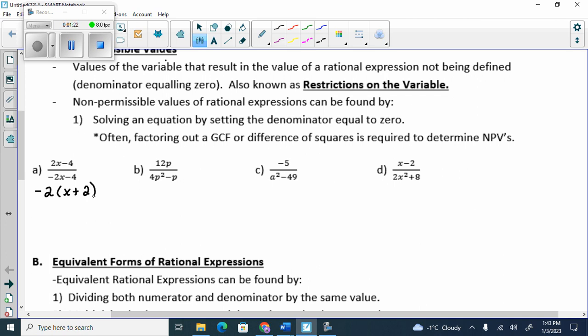But it's often easier if you do take out the GCF and difference of squares first, always before you state your non-permissible values. So we have this negative 2 in front in the bracket, and negative 2 can't equal 0, but that's just a true statement. That's not an actual non-permissible value, so I don't really care about that. And then I have x plus 2 can't equal 0. Subtract 2 from both sides, and x can't equal negative 2.